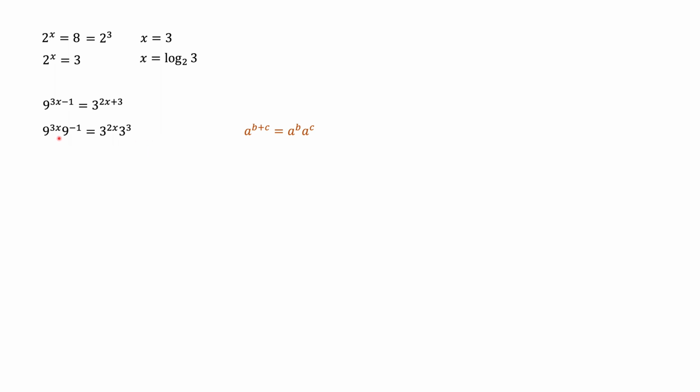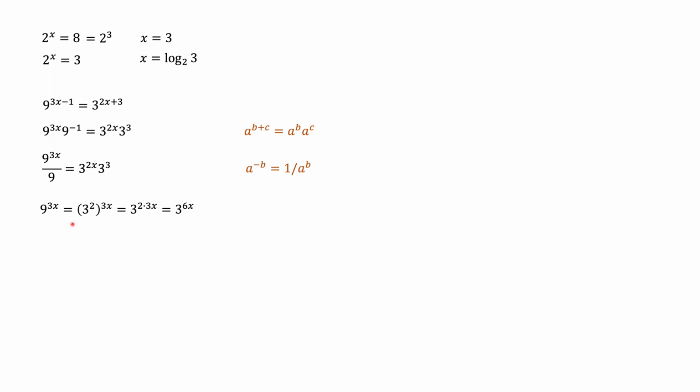Next thing to notice, that 9 to the power of minus 1 is 1 over 9. Here we use the property that a to the power of minus b equals 1 over a to the power of b. And the next thing we're going to do is to notice that 9 is actually 3 squared.